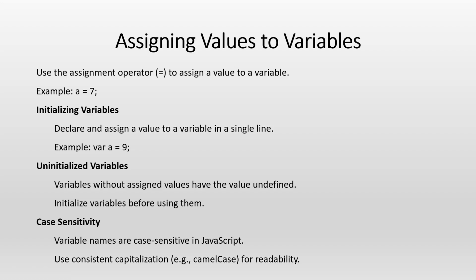Next, coming to case sensitivity: variable names are case sensitive, right? Variable names are case sensitive. Like, we cannot use capital C, capital L for the keywords, so we have to use all small letters only. Most of the time we will be using camel casing. Camel casing means the first letter is small.